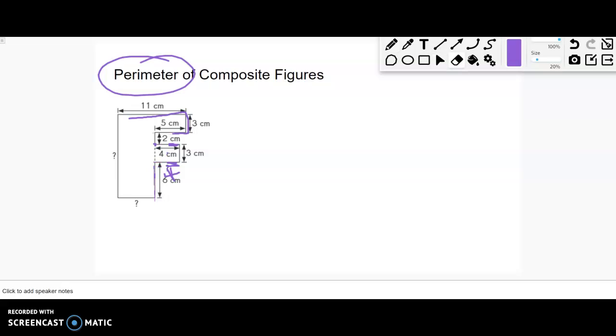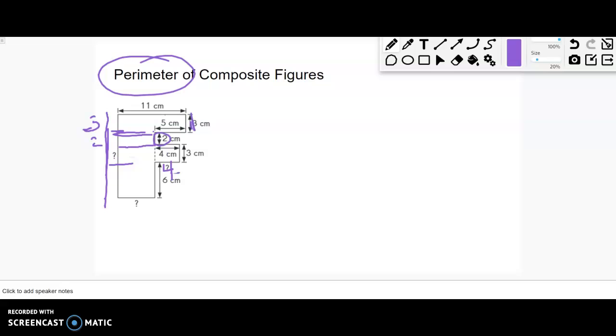So I'm going to erase some of this just so I can show you what I'm talking about. So I know this one is 4. Now, let's start with this long one here. I can look across and say, if I were to imagine this was a rectangle, then I know this part would be 3 because this part is 3. And if this is a rectangle, then this part would be 2 because this part is 2.